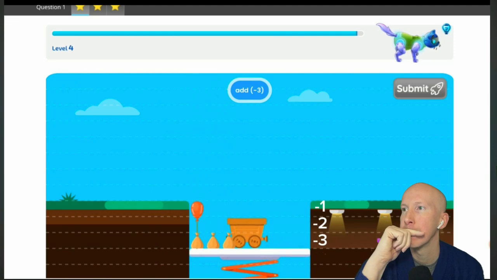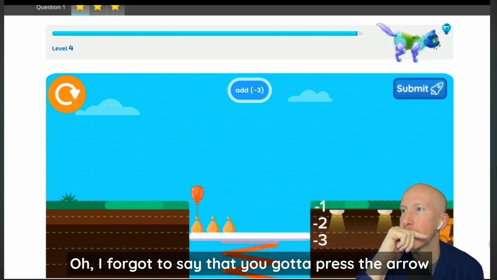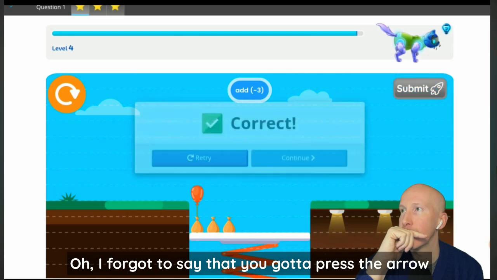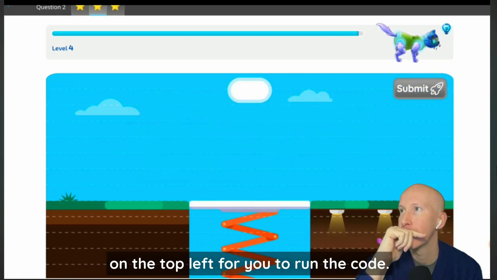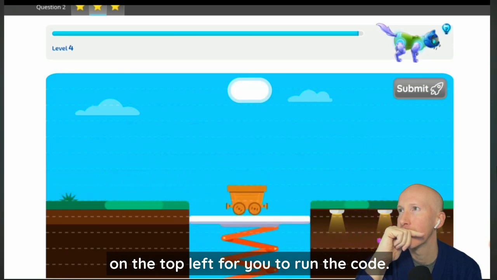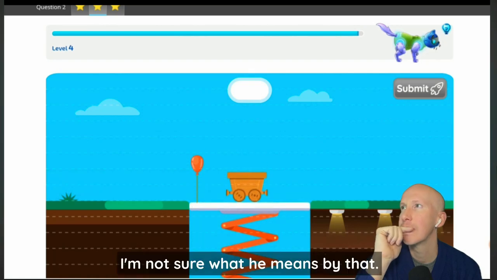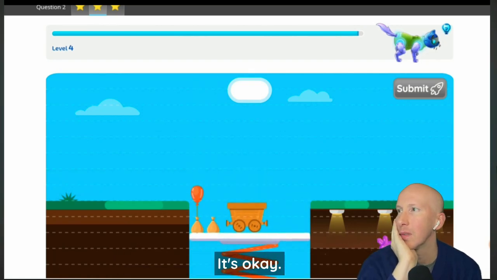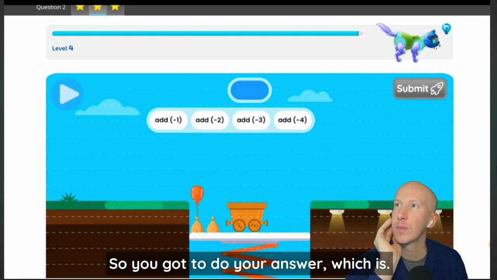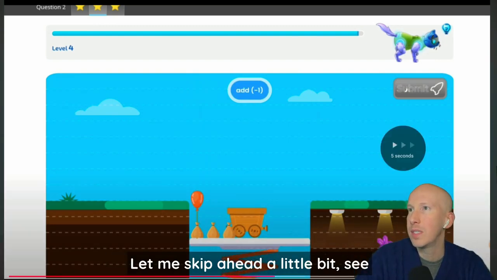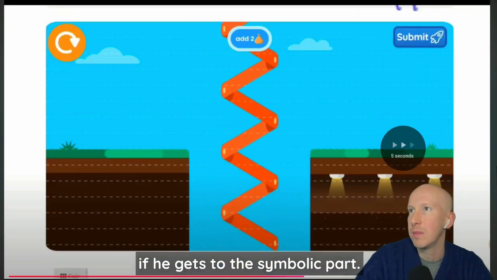Oh, I forgot to say that you gotta press the arrow on the top left to run the code. So let me skip ahead a little bit, see if he gets to the symbolic part.